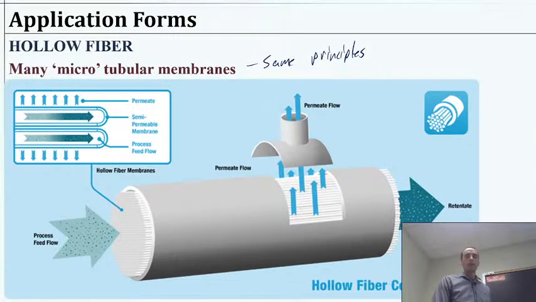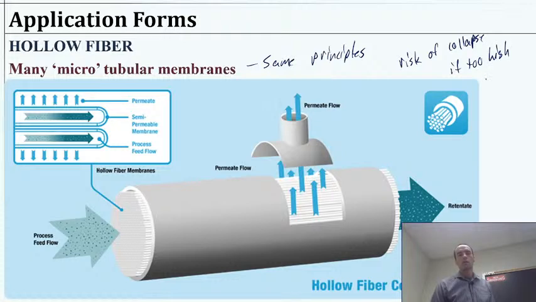Okay, so that means for these, we do have some risk of collapse if too high pressure. There's also some maintenance concerns in terms of, okay, if something goes wrong and a fiber gets scratched somewhere in operation, maybe whatever particle removal was happening upstream of this had some failure.